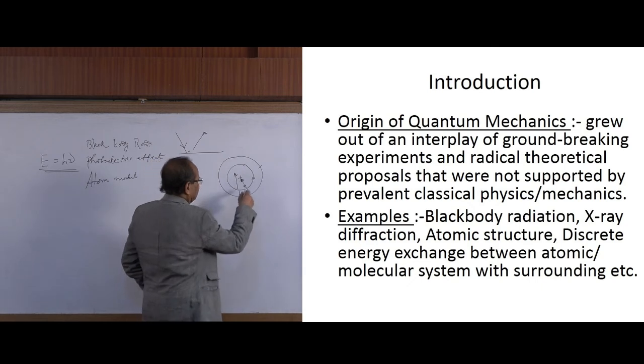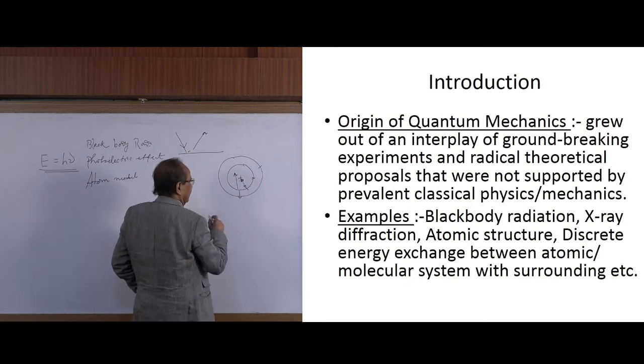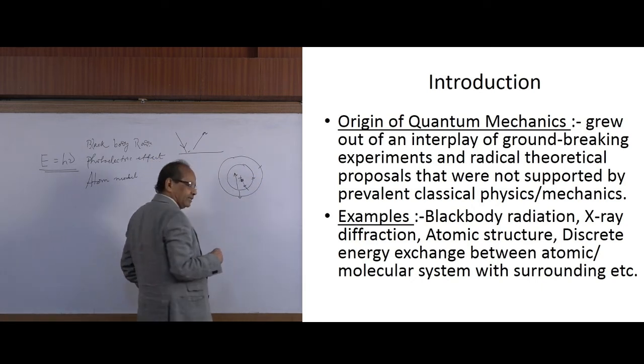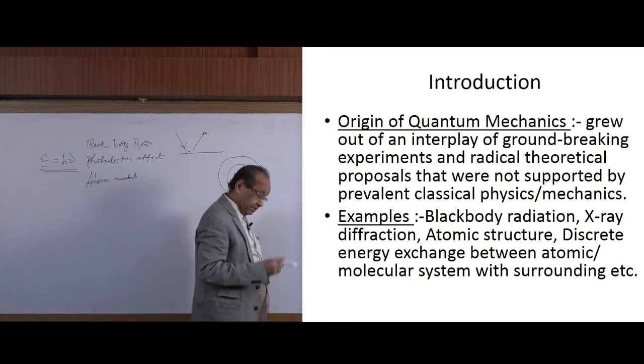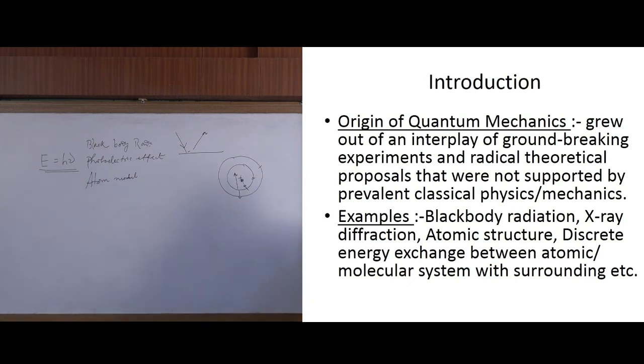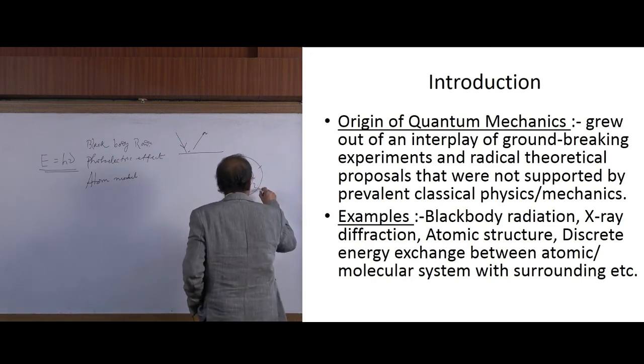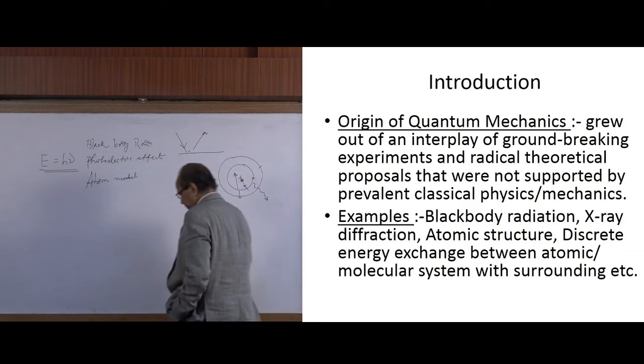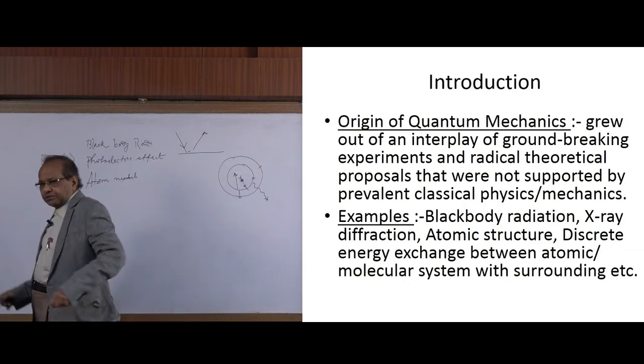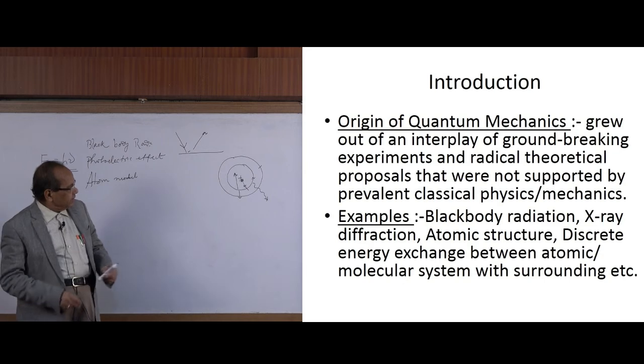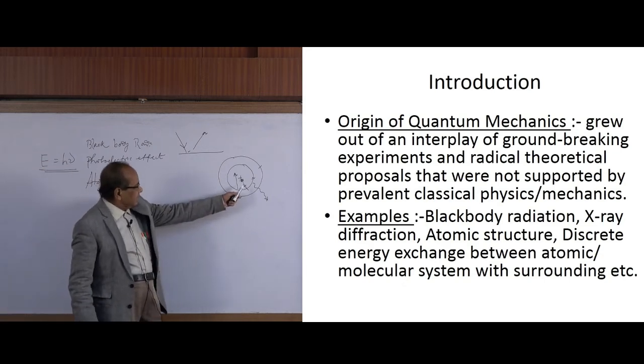So the electron is under acceleration, and again, an accelerating electron according to the then classical physics idea, and strong mathematical support is there, should radiate energy from its own body outside. So you see that the electron radiates energy.